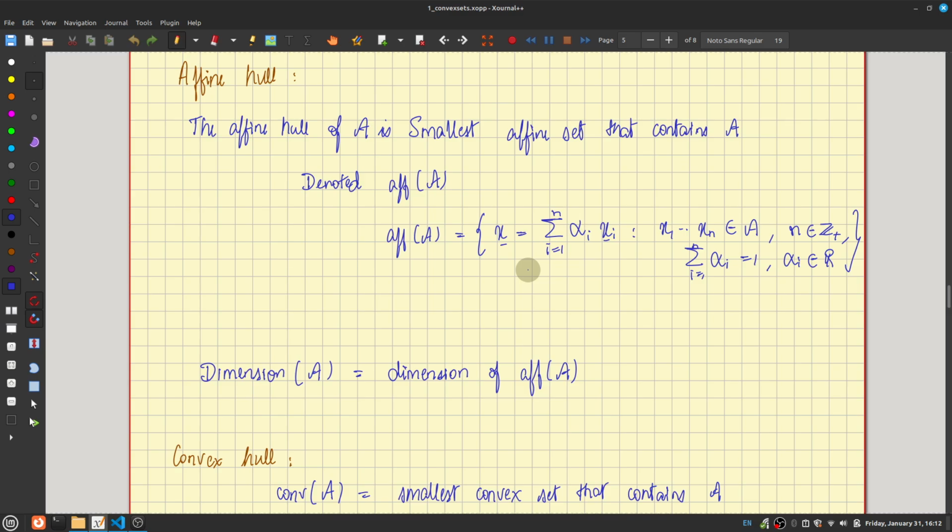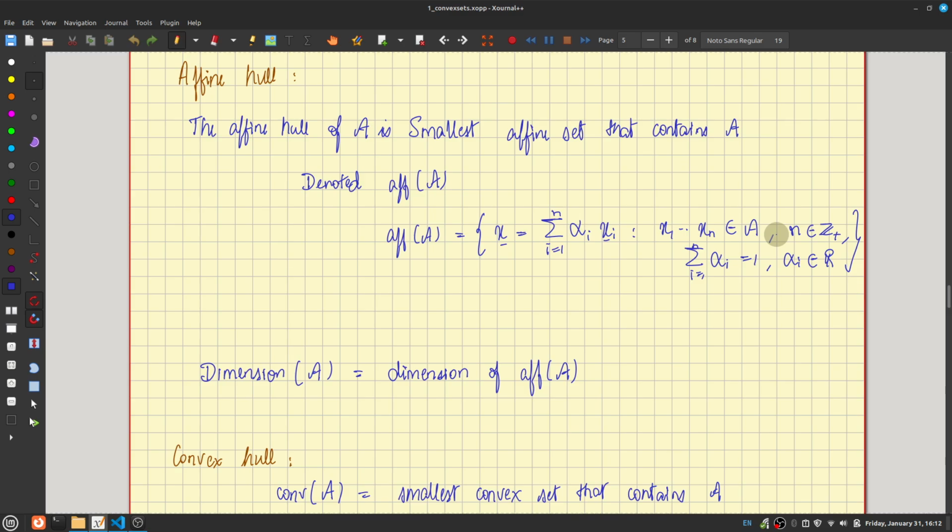But if you want to think of how you generate the affine set, you obtain the affine hull by taking all possible linear combinations of the following form. You take all possible collections of n vectors in the set A, and you look at linear combinations such that the coefficients sum to 1. The coefficients should sum to 1, but they could be positive or negative.